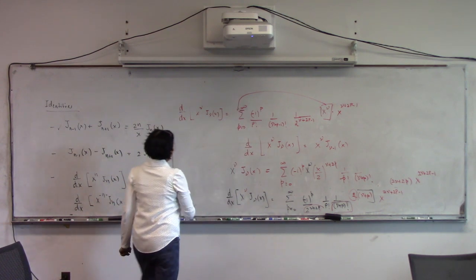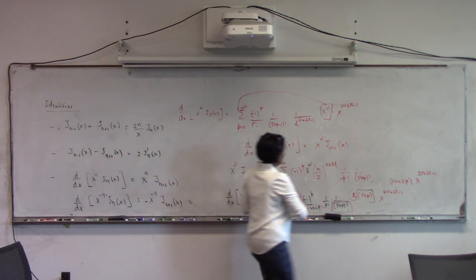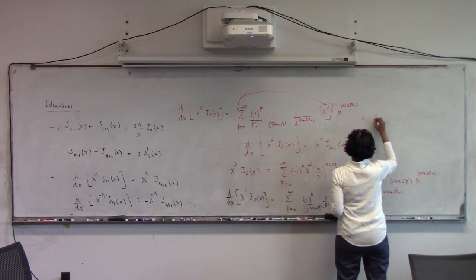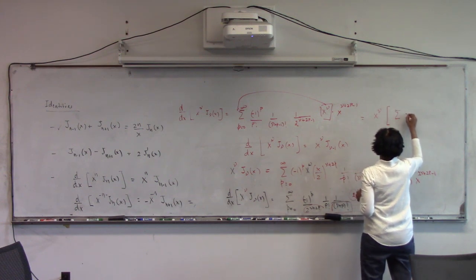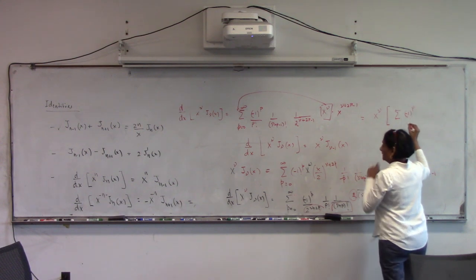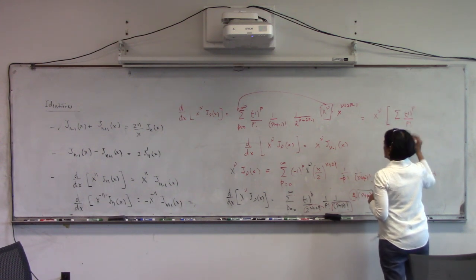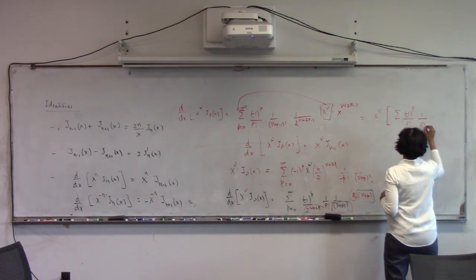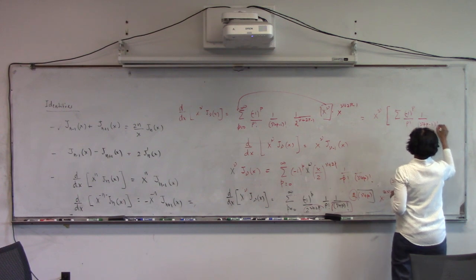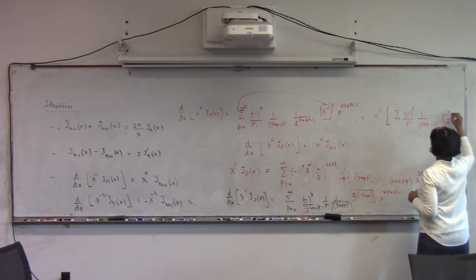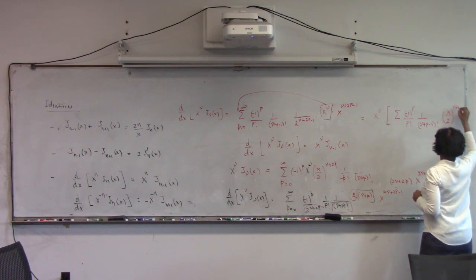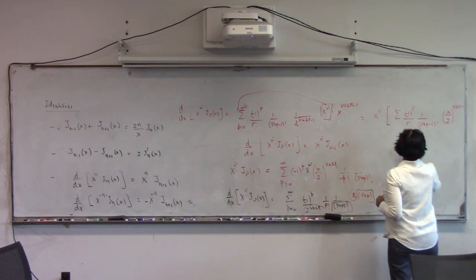Okay, so whatever I'm left with is nothing but x to the power of nu, summation minus 1 to the power of p, p factorial, nu plus p minus 1 factorial, x over 2 to the power of nu plus 2p minus 1.